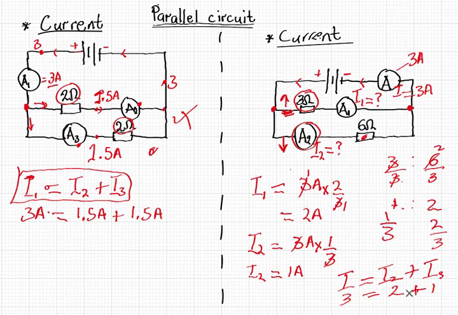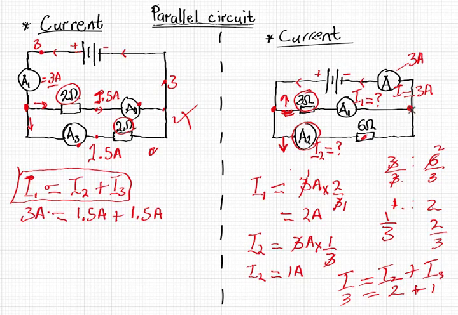So one thing to note from here is the total current. When the current gets here, it splits into branches. If there are 4 branches, the current will be splitting into 4 parts. But here it is 2, this branch and this branch.